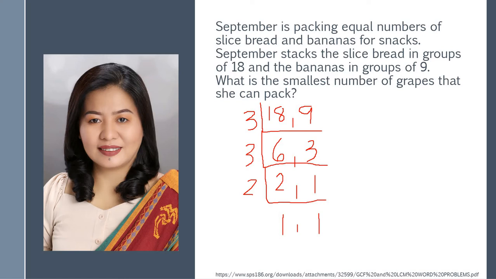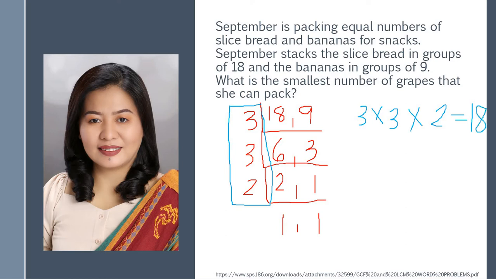So what we will be doing is we are only going to multiply the numbers at the side here. So 3 times 3 times 2 is equal to 18. So that's 18.